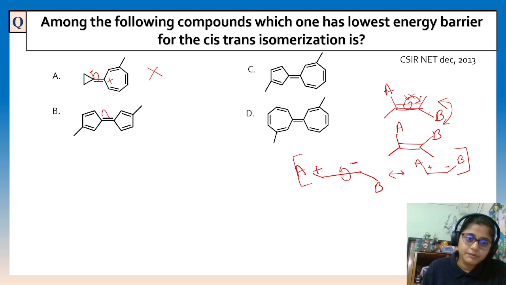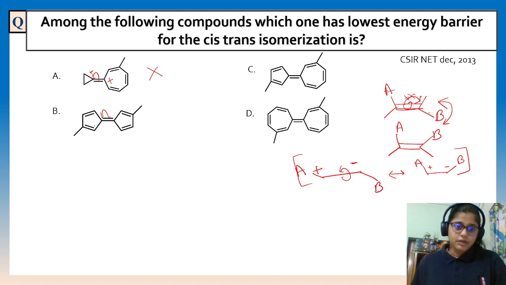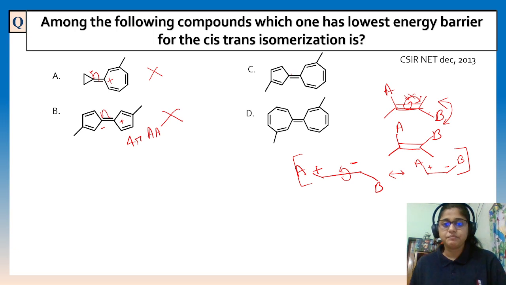Here, if we break like this way, both are five membered rings, so the two breaking ways will be the same. Negative, positive, 4 pi anti-aromatic. Let's not talk about this. Now, like this way, negative, positive, 6 pi, 6 pi. Overall aromatic.